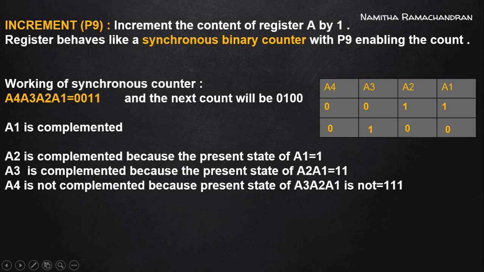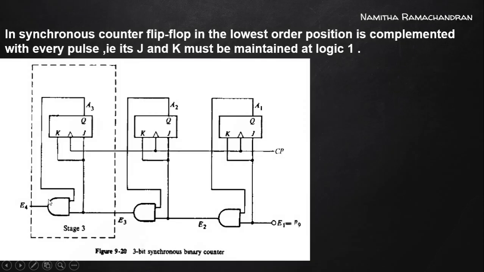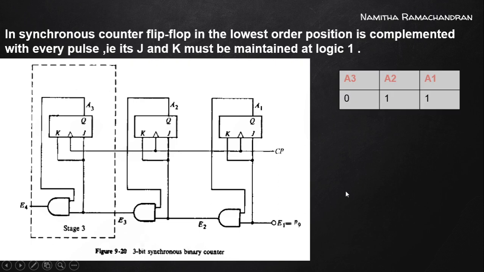Okay, so this is the diagram or the circuit of a 3-bit synchronous binary up counter. And a synchronous counter is implemented with JK flip-flops; the lowest order position is always complemented with every clock pulse. Okay, so in order to get the complemented form, we need to set the J and K inputs to 1 1.